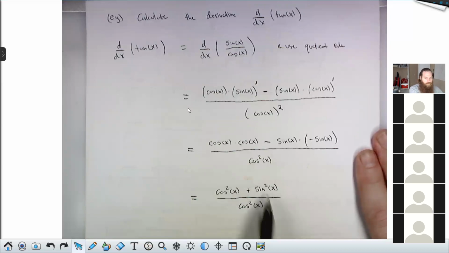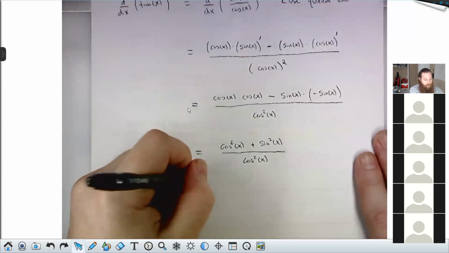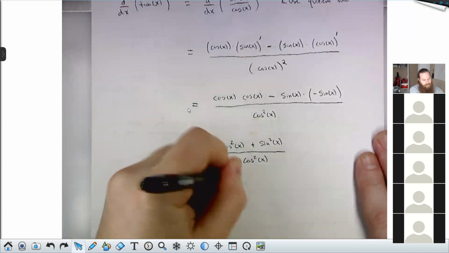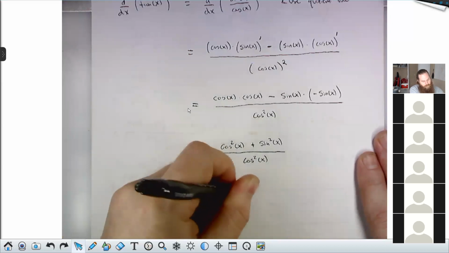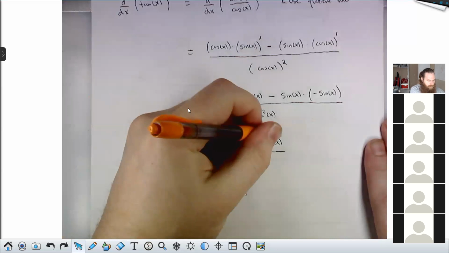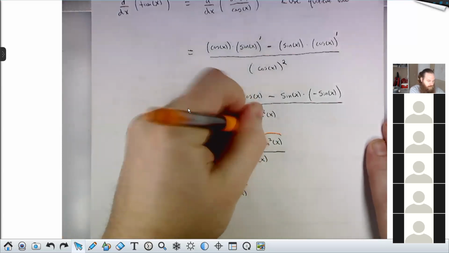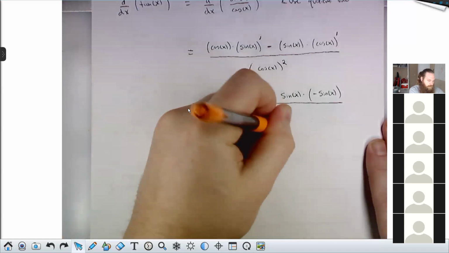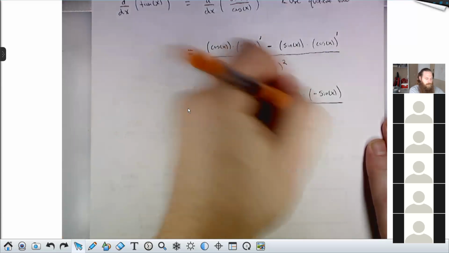And you cannot factor a cosine out from here. But what is cos squared plus sine squared? 1. Yeah, that's my Pythagorean identity. So this is 1 over cos squared x. This piece right here is 1 by the Pythagorean identity.